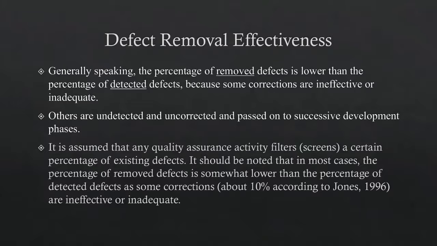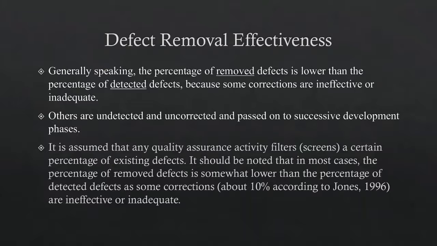As I told you before, our plan is integrated within the project development phases. We have to detect and correct the defects in each phase. When we don't do that, our defects go through the other development phases, and that would be a problem for us.